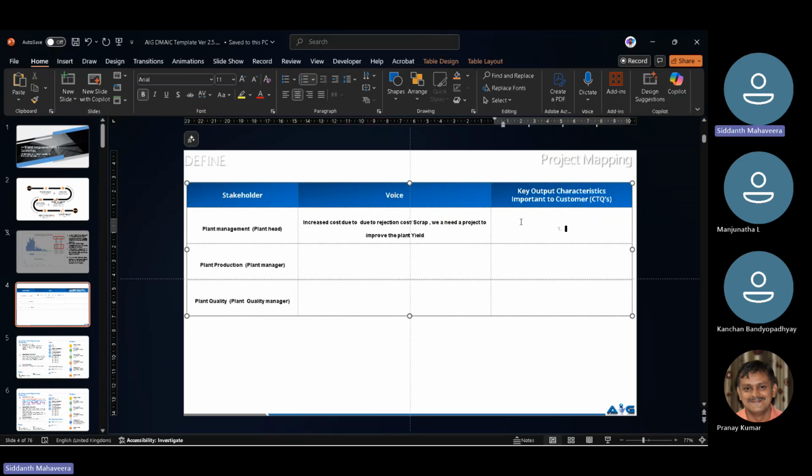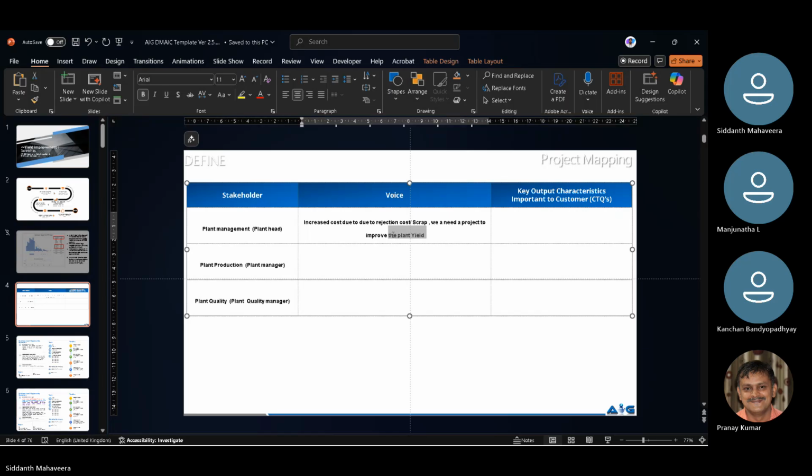This is the high level summary: increased cost due to rejection. We need a plant project to improve plant yield, or fix the root cause, or decrease rejections.